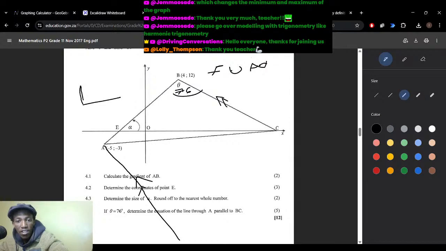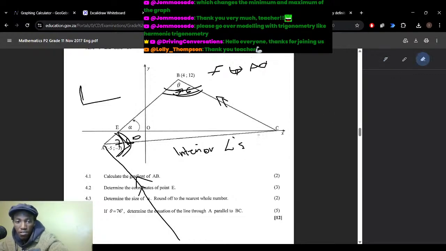These two angles are equal. So the interior angles, these angles, they will be equal as well. So this will be 76 degrees as well, right? So the reason is co-interior angles, right? Okay, let me just rub this off.